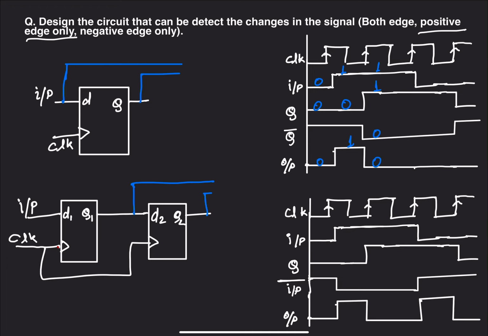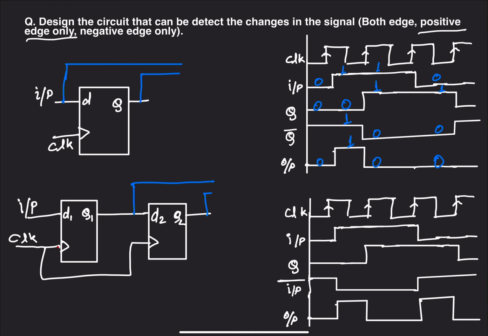And here also when input is 0, Q is 1, Q bar is 0 and output is 0. And in previous cases when input is 1 and output is 0, then Q bar will become 1.